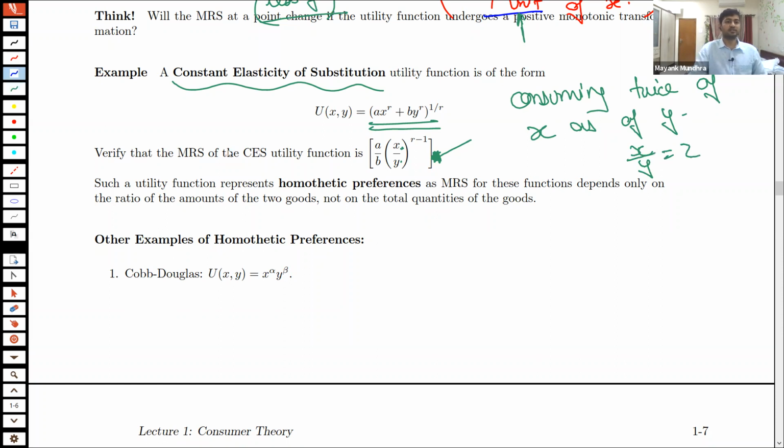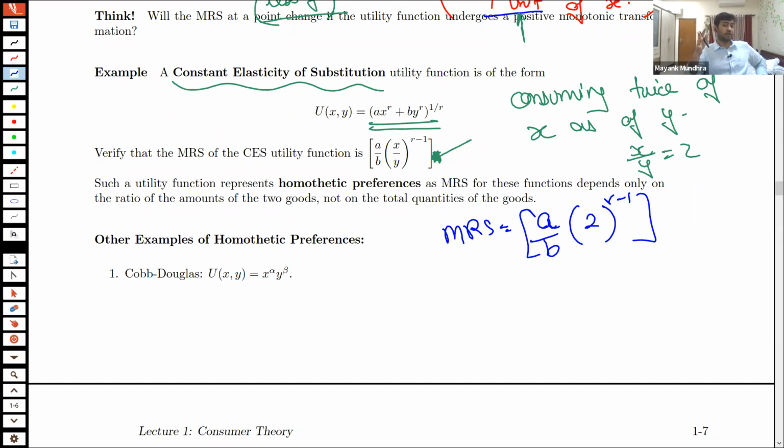So for this consumer, MRS will become a by b times 2 to power r minus 1. Okay, a by b into 2 to power r minus 1. a, b, and r are all constants, which cannot vary. x and y are the only variables here. I do not need information on x and y individually.